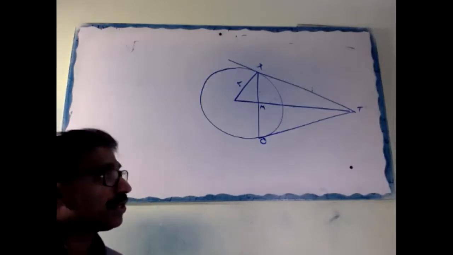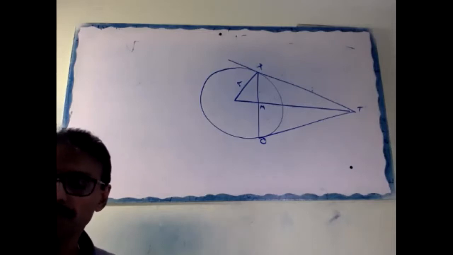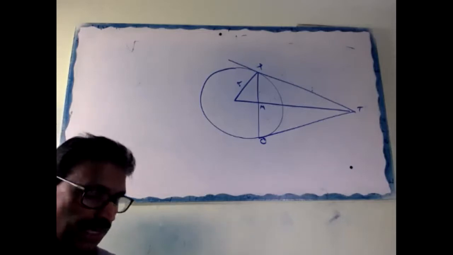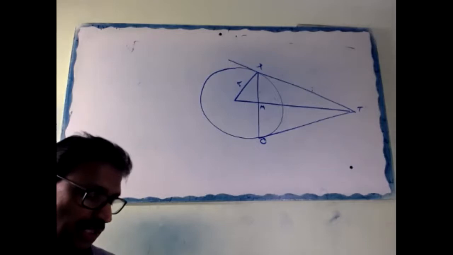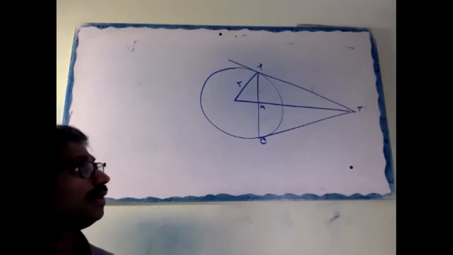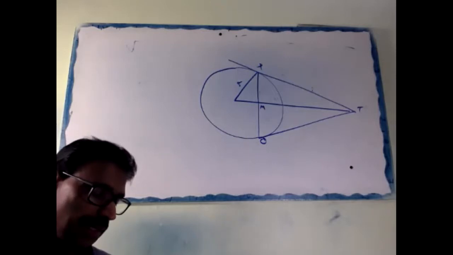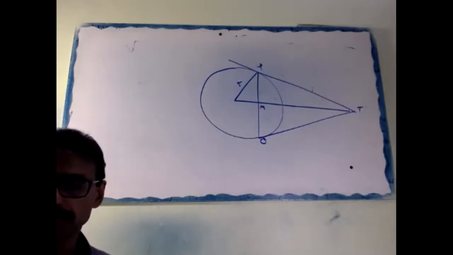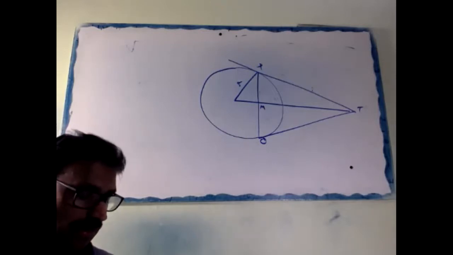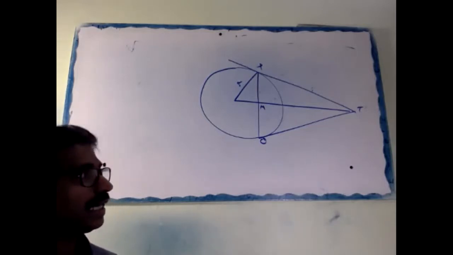Okay, right. PQ is a chord. Listen here. The question: PQ is a chord of length 8 centimeter of a circle of radius 5 centimeter. The tangents at P and Q intersect at T. Find the length of TP.